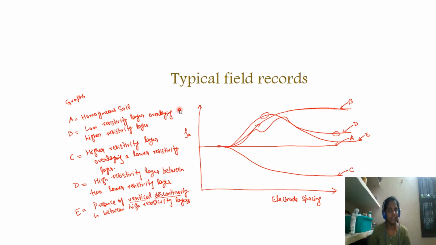There are different types of arrangements, like Wenner and Schlumberger arrangement. It depends on what type of project. For example, if you have a highway project, we are much interested in how the stratum is spreading laterally, rather than with depth, because in a highway the stress is not going to travel to a much deeper depth.